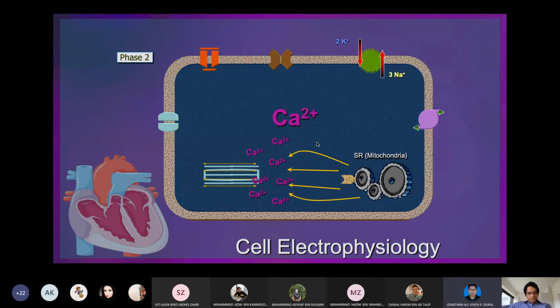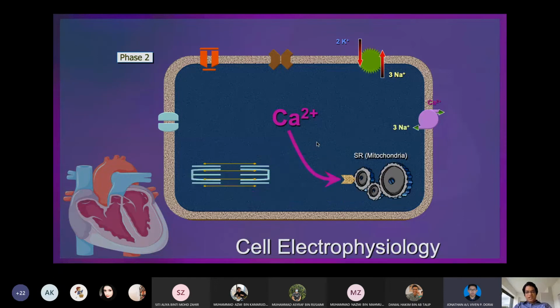The influx of calcium is driven by the sodium gradient due to the calcium-sodium exchanger. Very good. Where did you notice it in my picture? The purple round one, yes, right. So in case I block this sodium channel, what will happen? Can calcium go out?